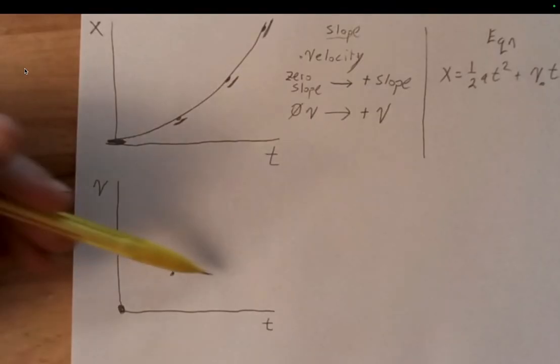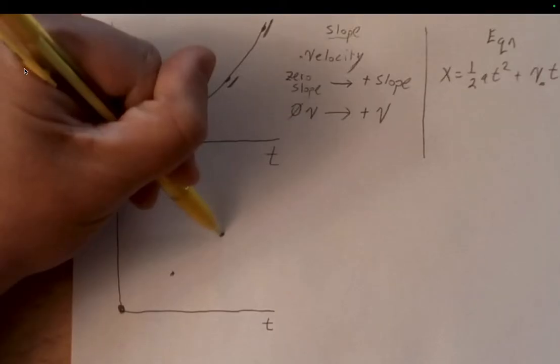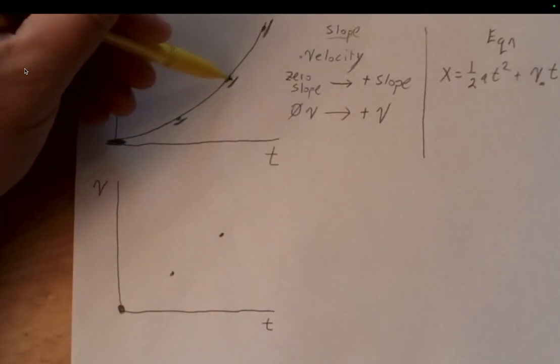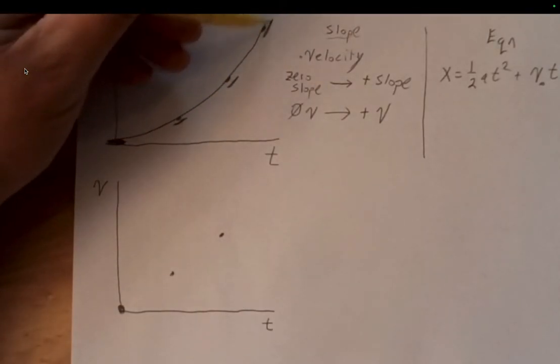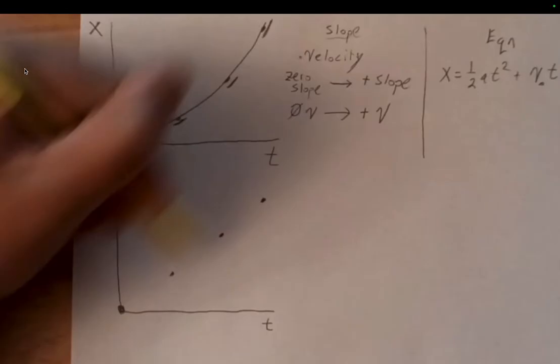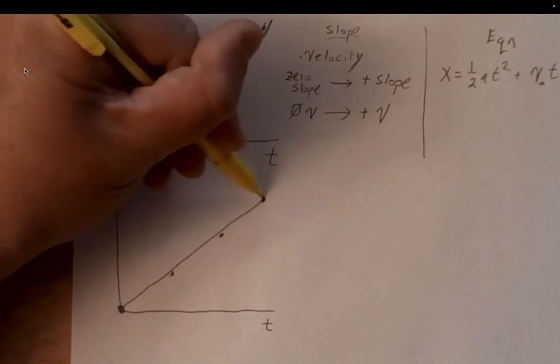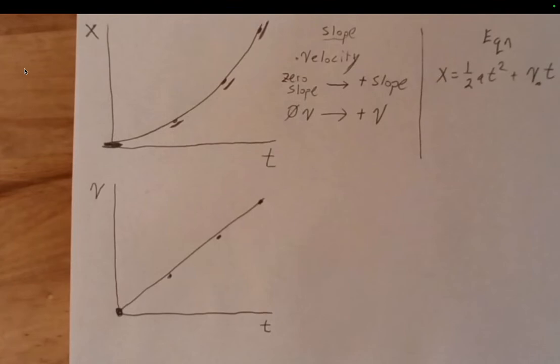And as I get to a later point in time, I should have an even more positive velocity because I have a steeper slope. And then later on, I should have an even bigger positive velocity because I have a steeper slope, giving me this graph that we should see where the velocity is constantly increasing over time.